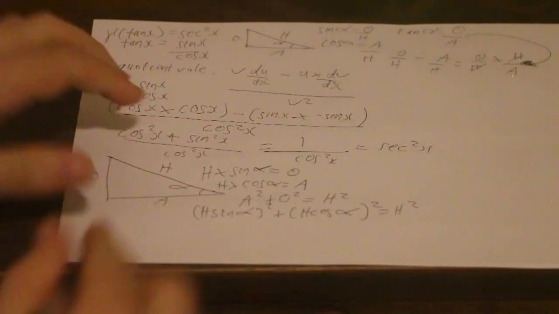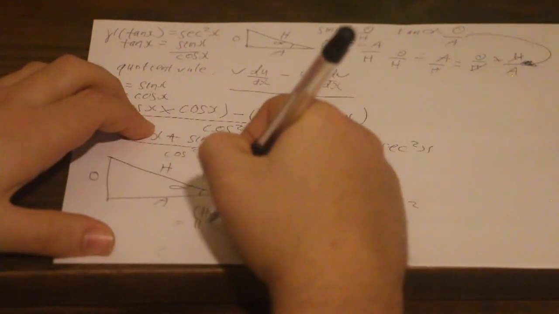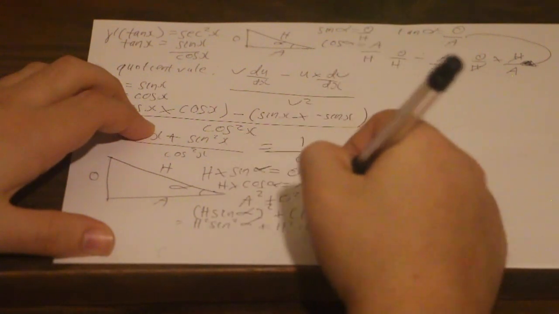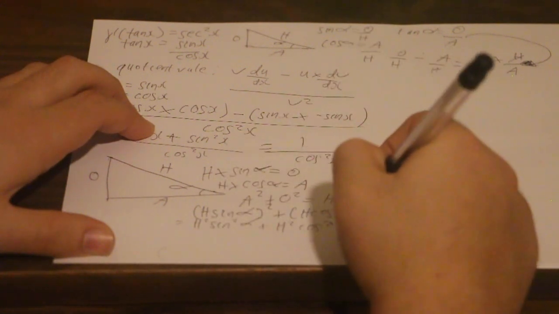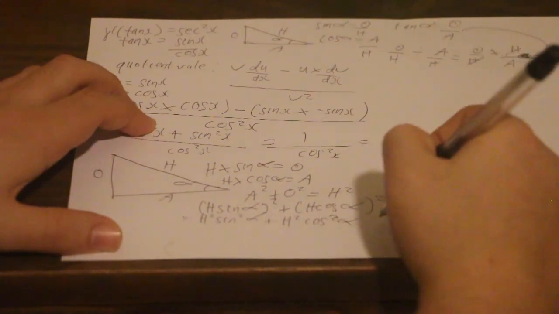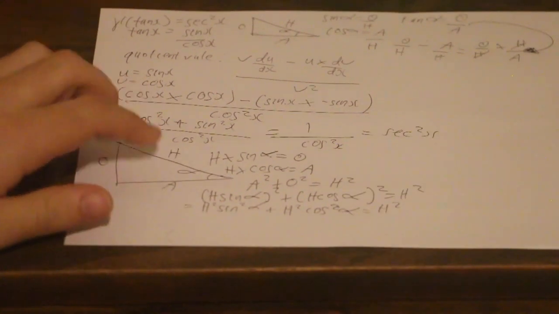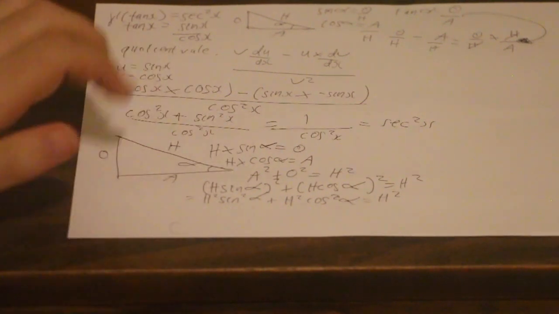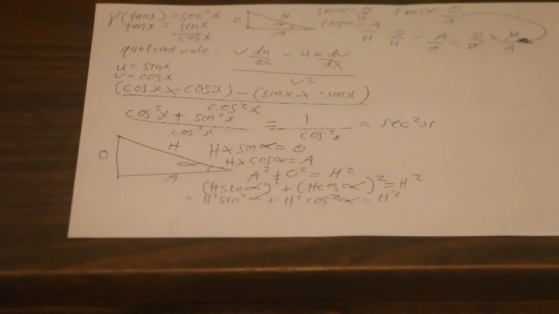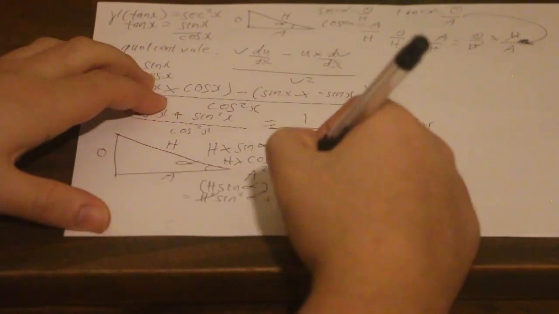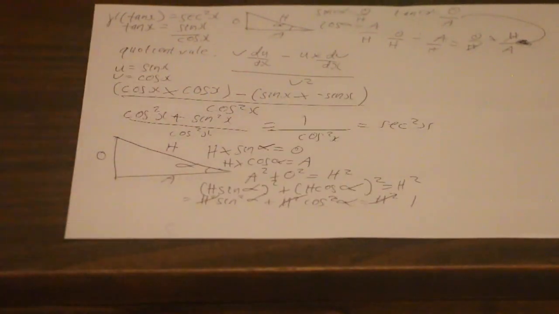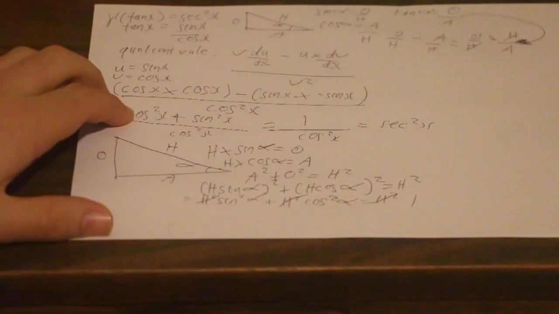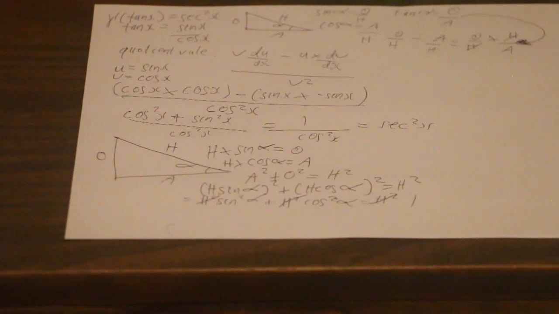That gives you h squared sine squared alpha plus h squared cos squared alpha equals h squared. If you divide both sides by h squared, you get sine squared plus cos squared is equal to 1. And then this relates to this, and then we get our proof.